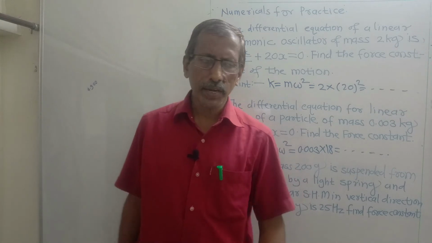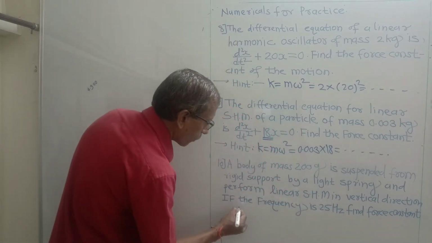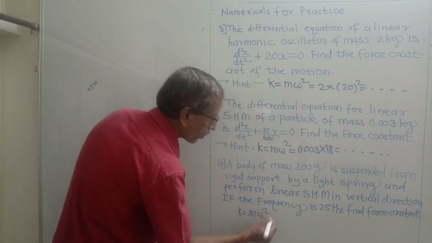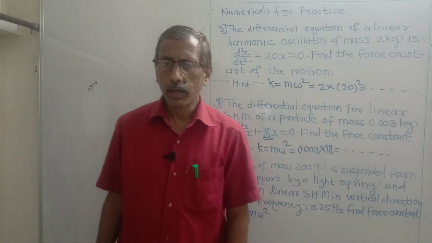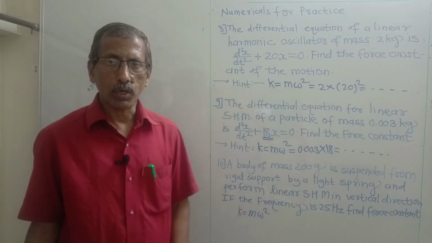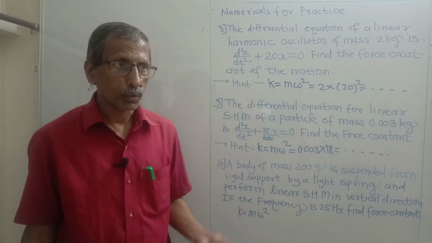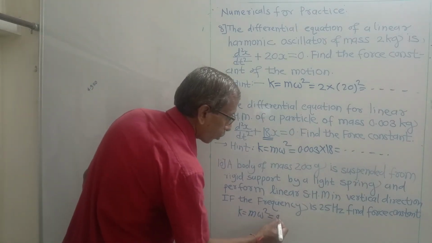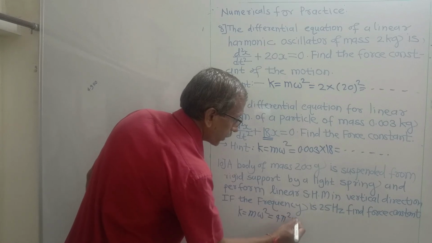So again we find K from m omega square. Value of omega is not given, but frequency is given. So omega is equal to 2 pi n. So its square is 4 pi square n square, 4 pi square n square into m.